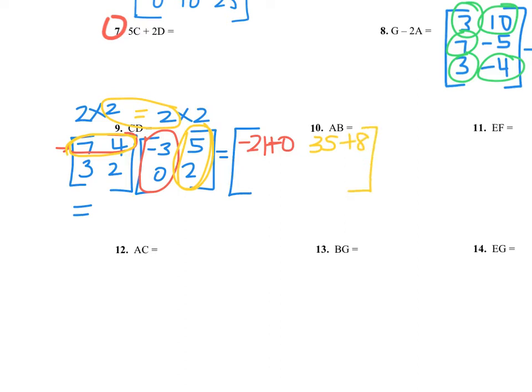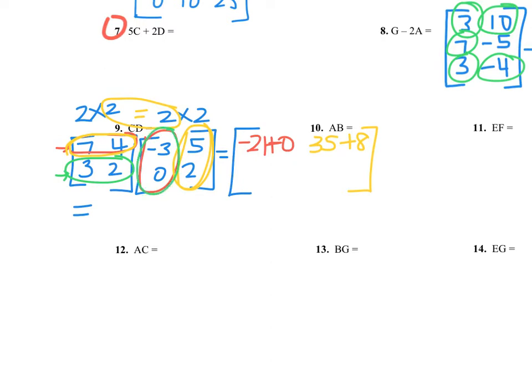You see what we did? We went across the first row and down the columns of the other one. Now, once you've finished going across the row and down all the columns, we're going to go to the next row. So I'm going to go across this row and back down the next columns. Because this is row 2, column 1. It's going to go in my new matrix in row 2, column 1.